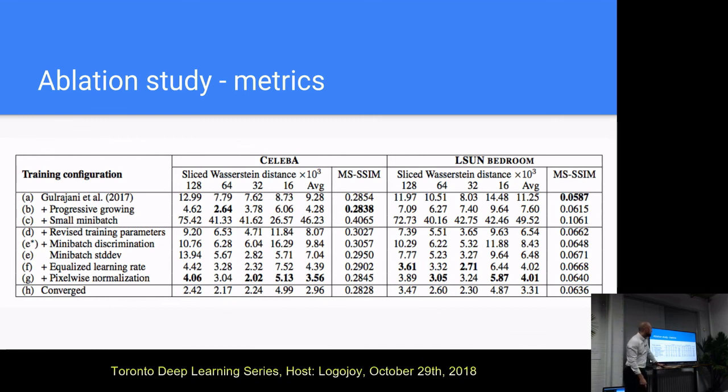Maybe this is for discussion, but the top right: why is that the case? The reason they did this whole thing is to preserve some kind of structural integrity, right? Why didn't they outperform the baseline? Because that's MSSIM, the distance metric. One of their claims is that by doing things from small, they preserve the structural integrity.